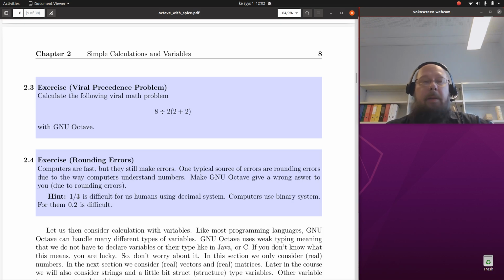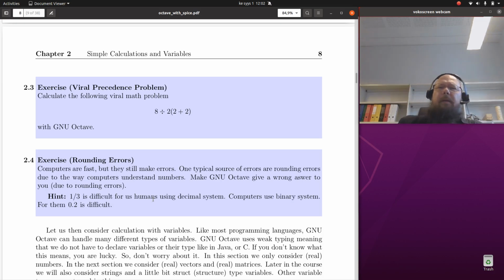It's not 33%, it's 33.3333333 and so on, and that's kind of difficult for us humans in the decimal system. So this usually gives rounding errors very easily.